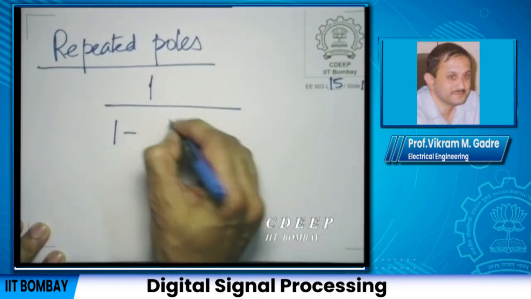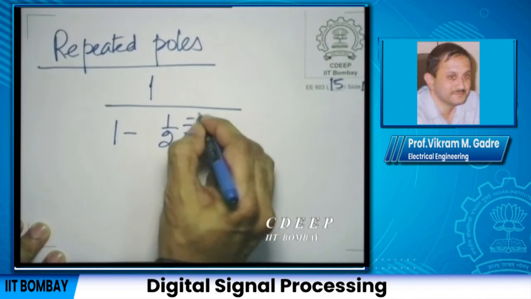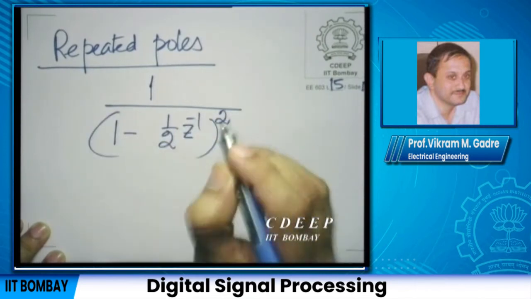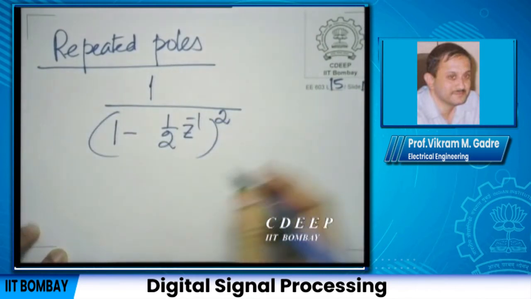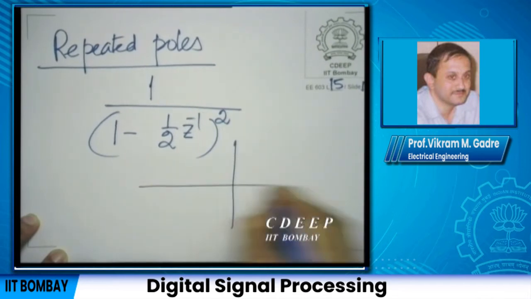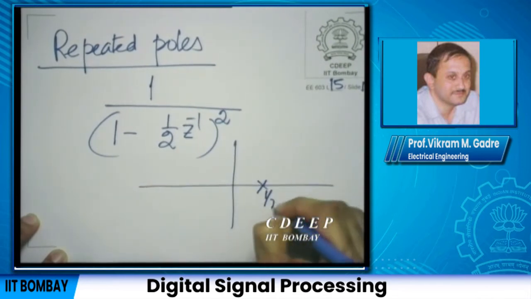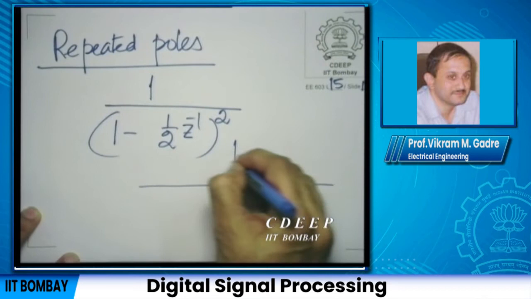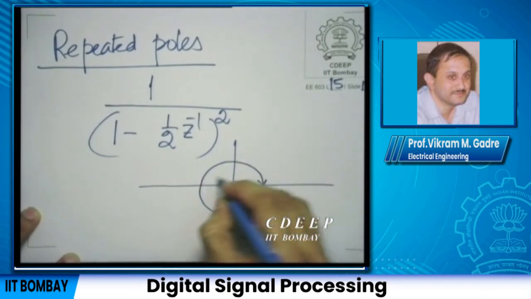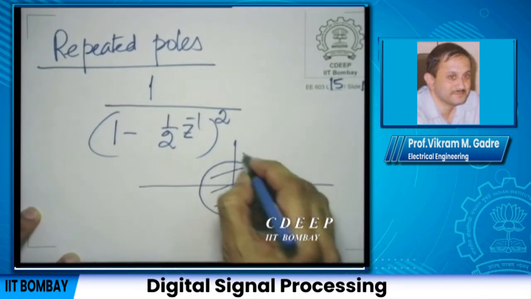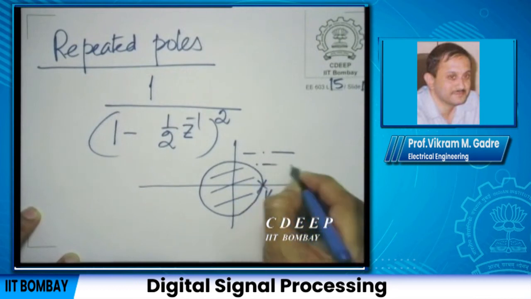So, you have 1 by 1 minus half z inverse, the whole squared, and of course, you have two possible regions of convergence. There is only one singularity here, that is half. So, you could either have this as the region of convergence, or you could have this as the region of convergence.